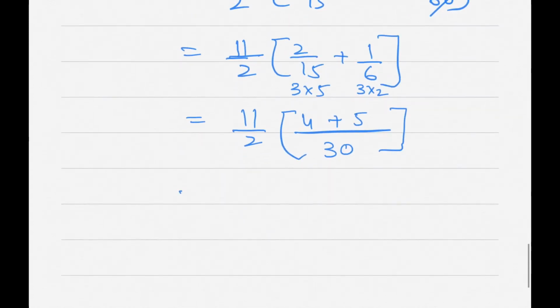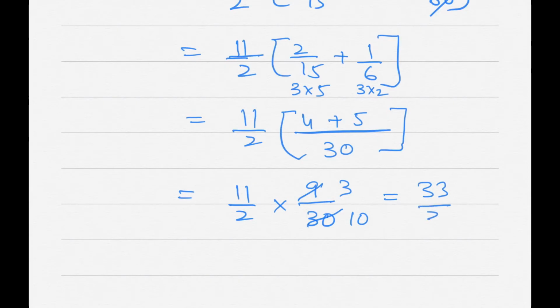Okay, so now I get 11 by 2 into 9 by 30. Okay, so 3 times, 3 10 times, so I get 33 by 20. So the sum of 11 terms of this AP is 33 by 20.